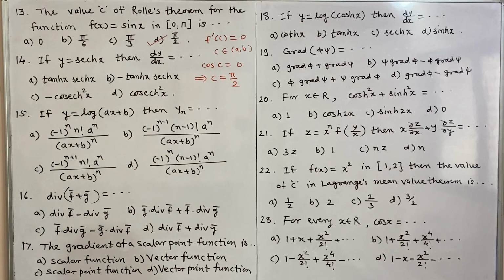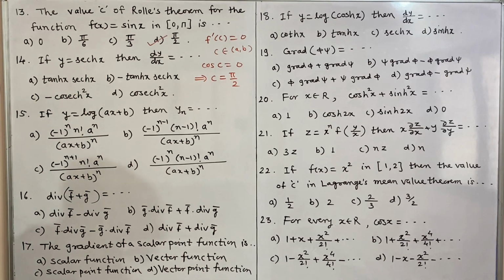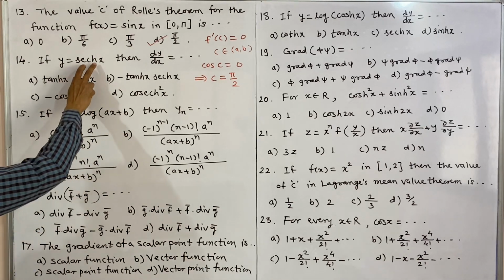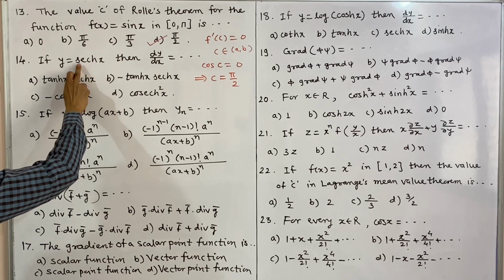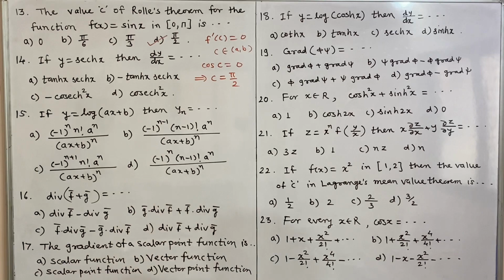The next one is, if y is equal to hyperbolic sec x. This is not a circular function, by notation it is a hyperbolic function, h is written here, hyperbolic sec x. Then what is the derivative of hyperbolic sec x?